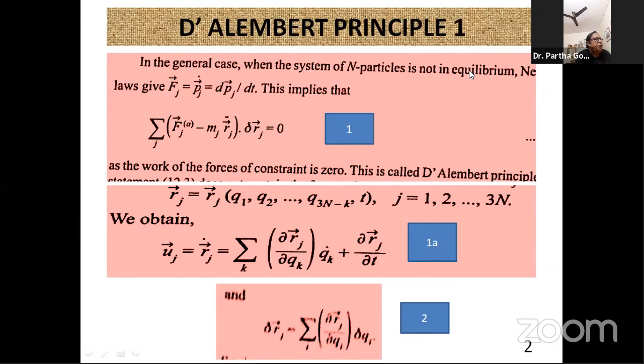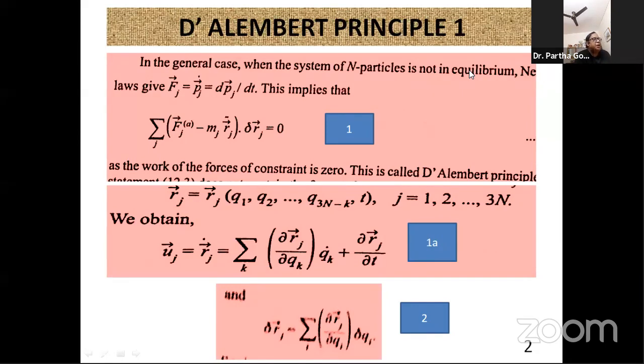Next we introduce the generalized coordinates. What are they? Suppose I have n particles, constrained to move in three-dimensional space, so they have 3n coordinates to specify their location.